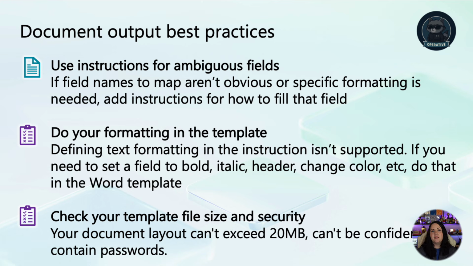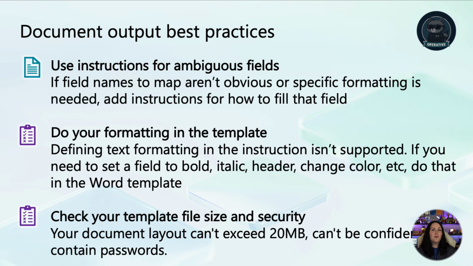But you might run into scenarios where there's not a one-to-one correlation. Maybe you have placeholders where you need to fill in a bunch of names for people and you have one called Name 1, Name 2, and Name 3. You need to be able to rely on your instructions in that case to tell it where it should fill in the appropriate values.